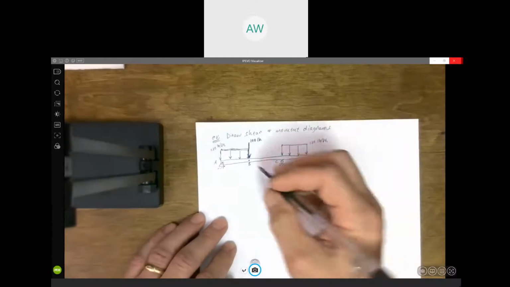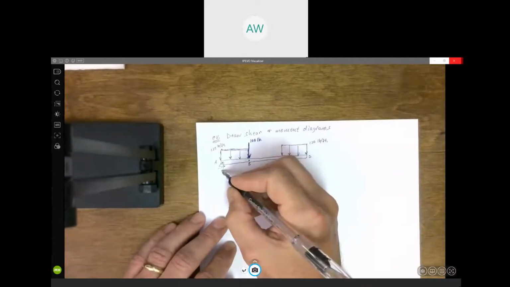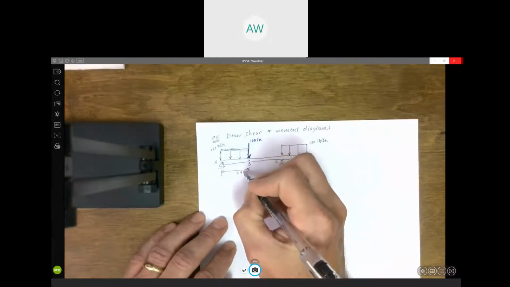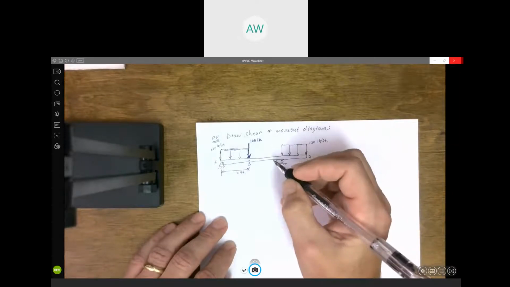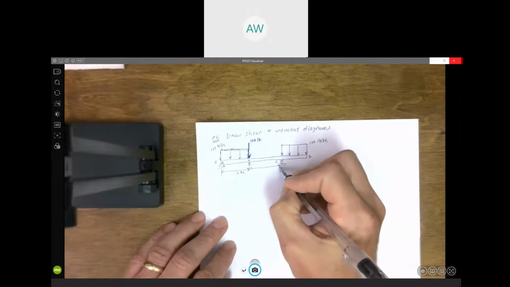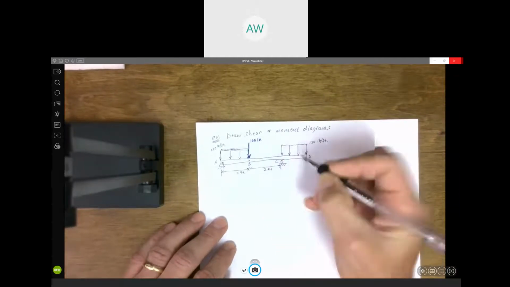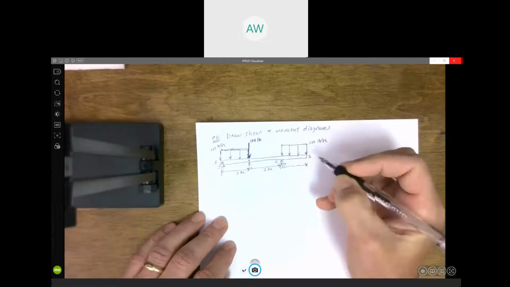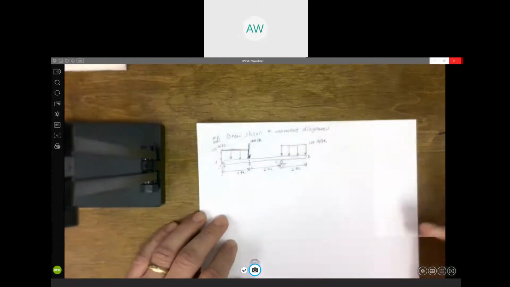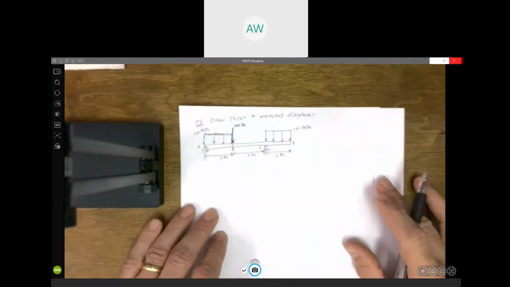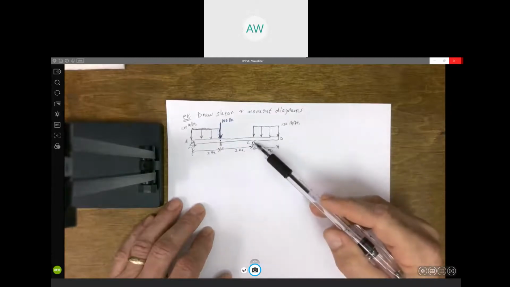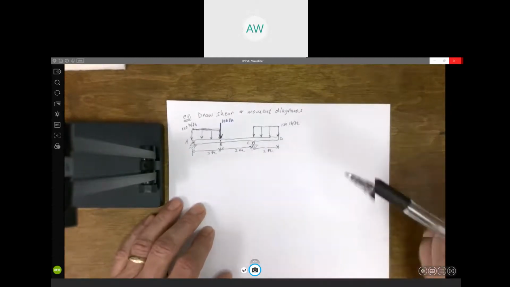Now we just need some dimensions. This is 2 feet from A to B, and 2 feet from B to C, and 2 feet from C to D. So we've got a 6-foot long beam supported with a pin support at the left end A. I got a roller support here at C. And we got 3 loads applied.